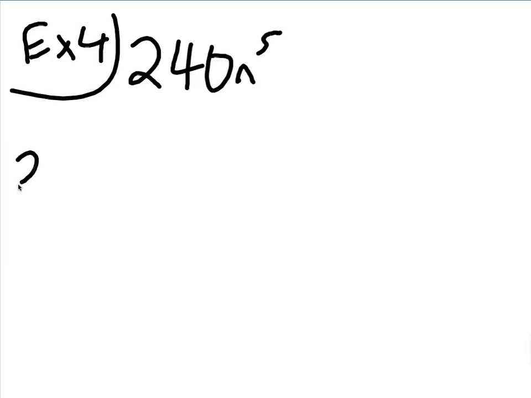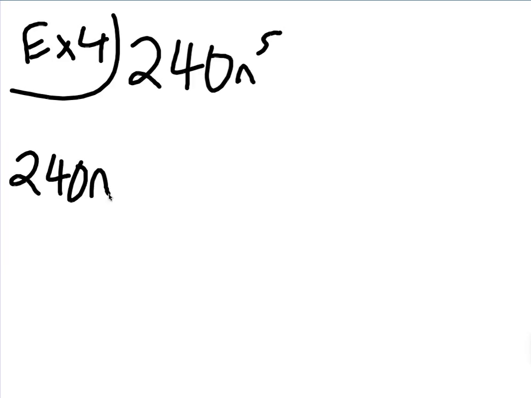All right, so the reason I'm doing this example is because sometimes you have to pull a GCF out, and I regret not making that one of the steps. You should always try to pull a GCF out before you factor anything. That's the first thing you should do. So we have 240 n to the fifth. Actually, I'm going to have to move that down here. I'm not going to have room.